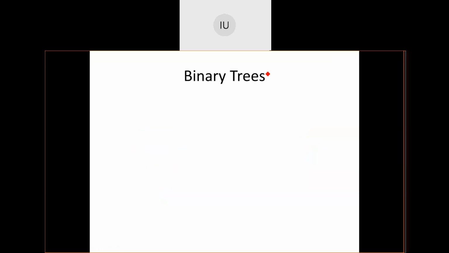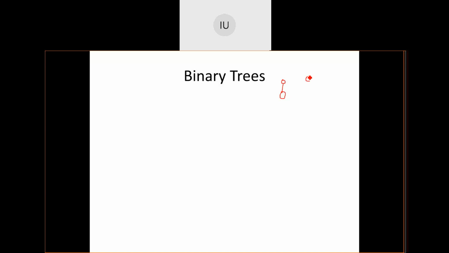Now, if I draw a binary tree like this, is it a binary tree? Yes, of course. It's a binary tree, but the root node has exactly one child. Now, if I draw only the root, can I call it a binary tree? Yes, of course. It is the root of the binary tree.